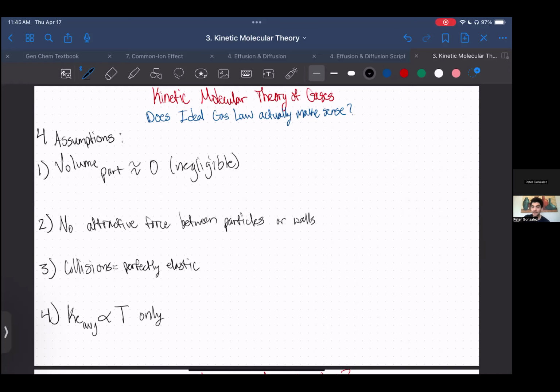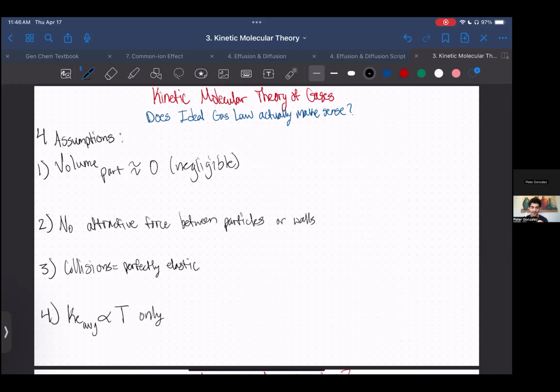There are no bonds forming, and nothing occurring in the system that could take away the energy I'm putting into it. So number two is just saying that all the heat going into the system makes the particles move faster, and that the particles are independent of each other. They don't know that they all exist, basically.